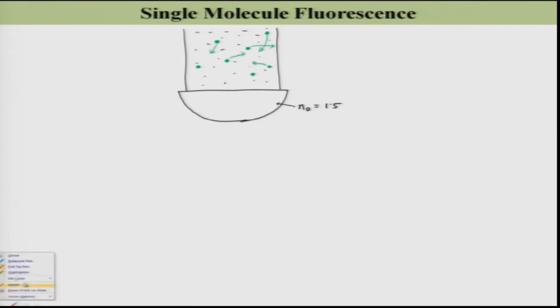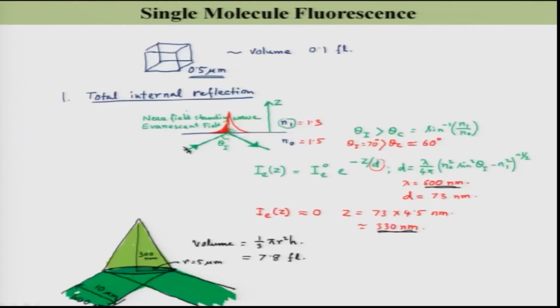But now, if you use an excitation light, let us say this is your excitation light, and you are creating your excitation light like this. So, the diameter of this incoming beam is not very high, because you want to achieve smaller volume. If this diameter is high, then the volume will be high, right. So, you do not want that, you want to achieve a smaller volume.